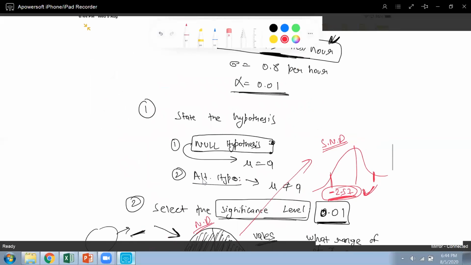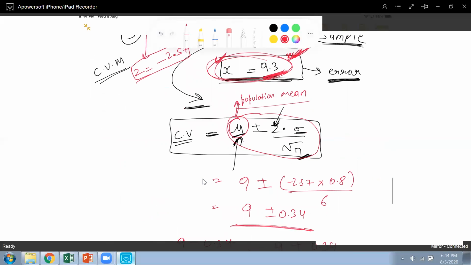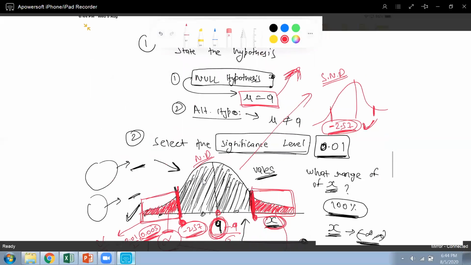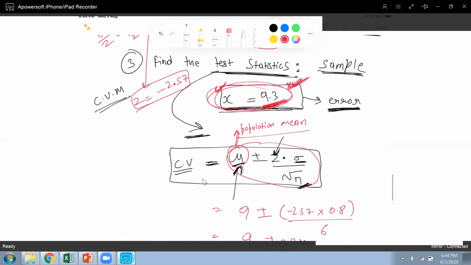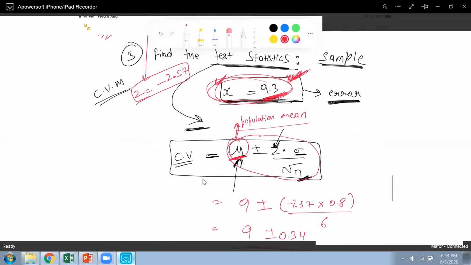The null hypothesis says that it is 9, but in reality it will not be 9. It will differ, it will have some error. That is why we need to find it on the population, not the sample mean.